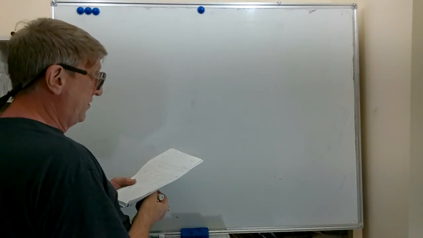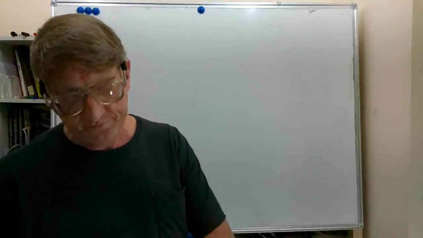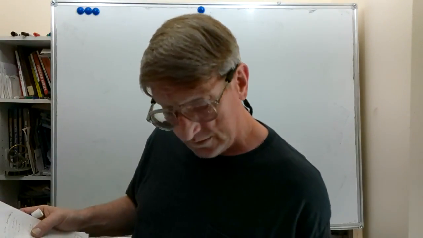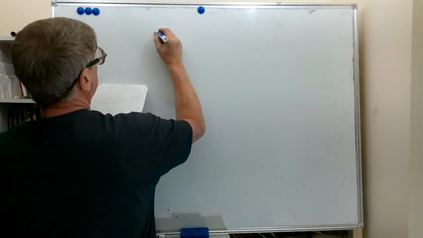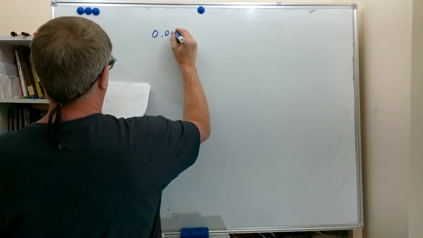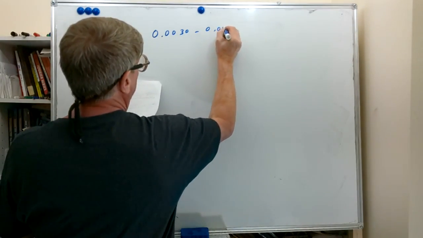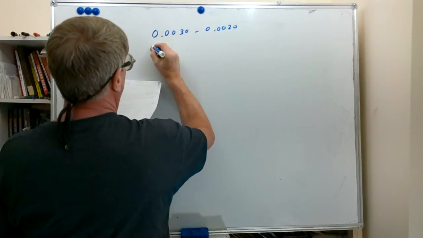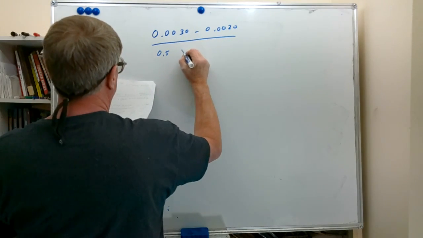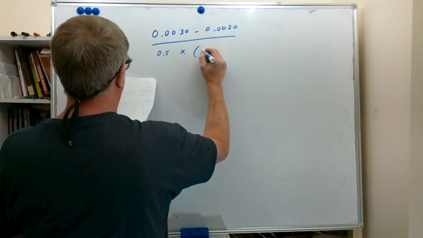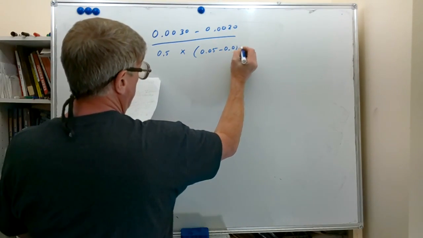So we're going to start with a problem. It's going to look like this. Here's our initial given problem: 0.0030 minus 0.0020 over 0.5 times, in parentheses, 0.05 minus 0.01.